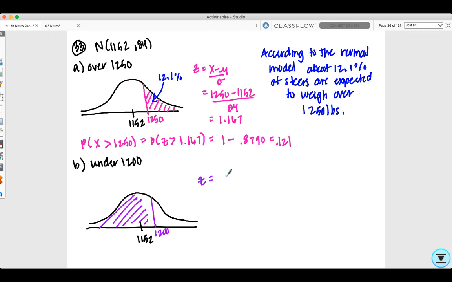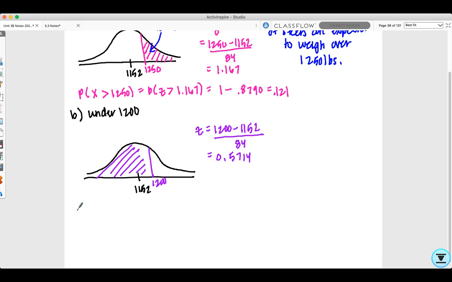So you find your Z, and you would have 1,200 minus 1,152 all over 84, and we would get 0.5714. So this would be the probability of X is less than 1,200 equals the probability that Z is less than 0.5714.